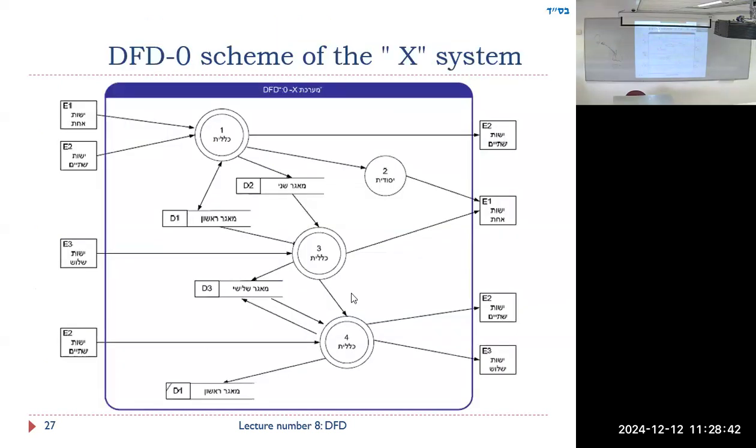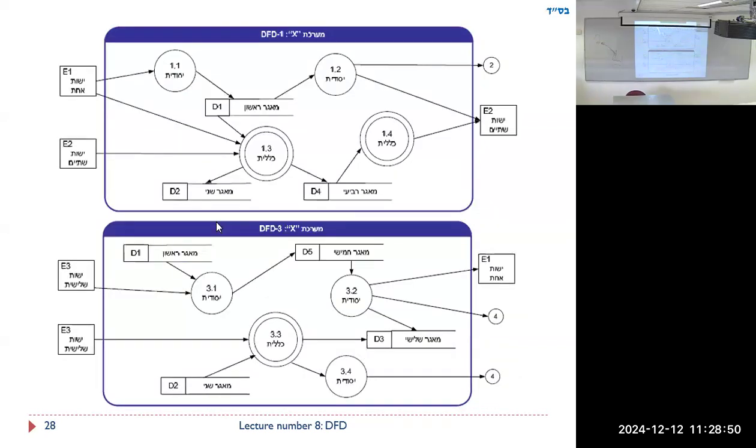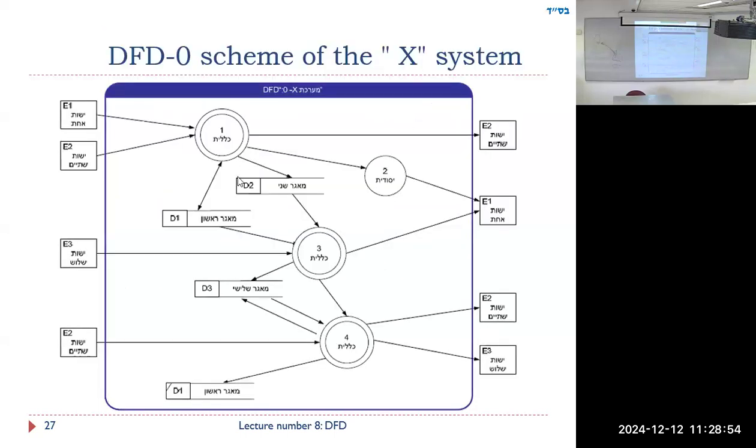Here we're back to our picture again. This is DFD 0 of some system. And then here is DFD 1 and 3. Why 1 and 3? Why not 2? Look at this diagram. What's different about 2 compared to 1 and 3?